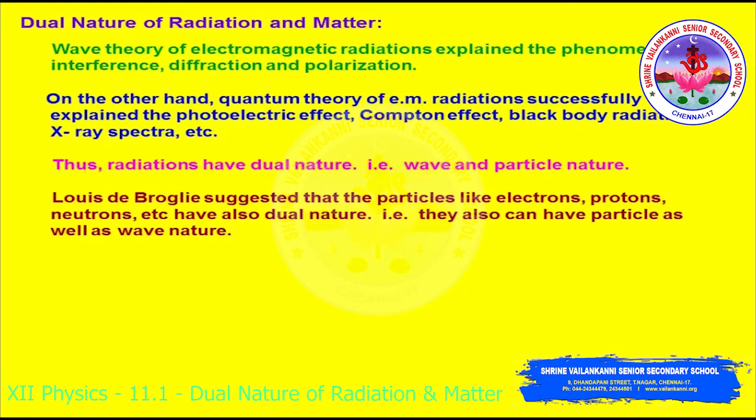de Broglie suggested that particles like electrons, protons and neutrons also have dual nature, that is, they can have the particle as well as the wave nature. You have seen this from chapters 9 and 10, and now this chapter 11.